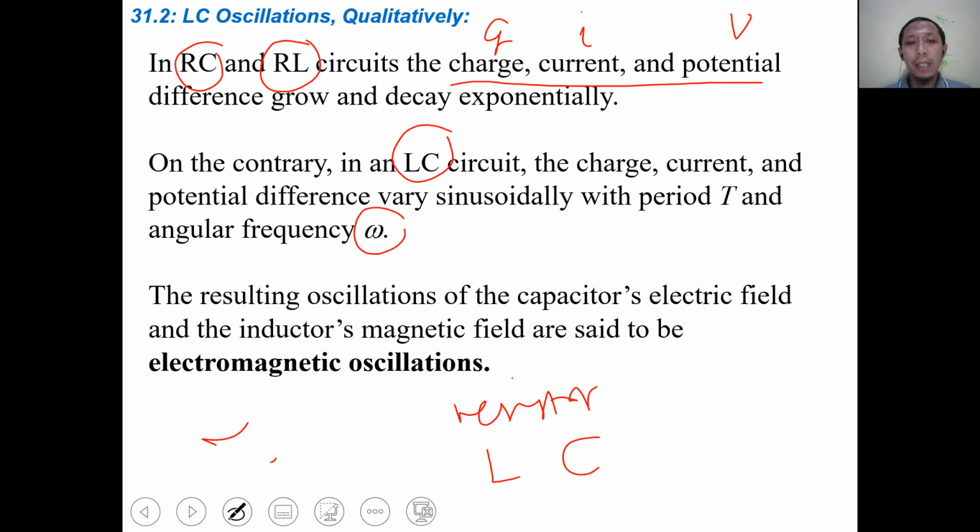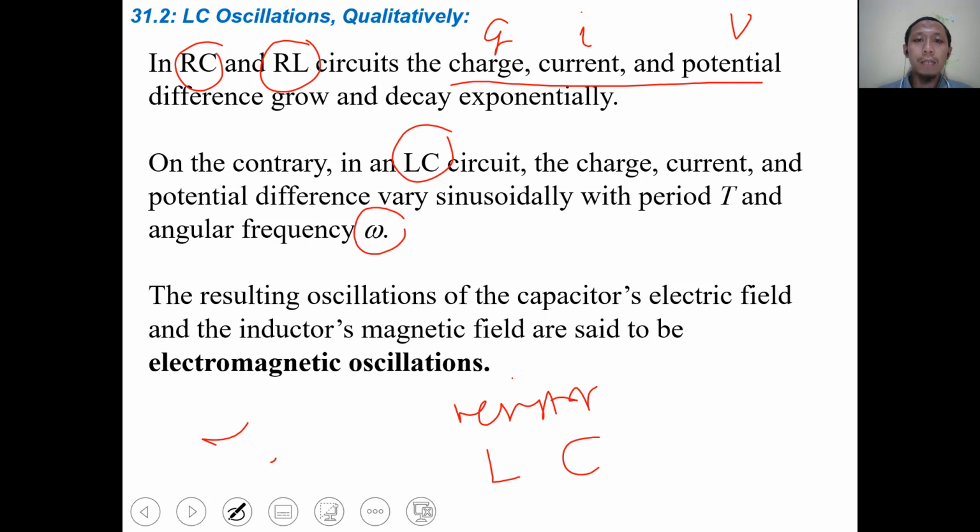But in LC circuits, the inductor and the capacitor can store charge. The inductor stores it in magnetic fields, and the capacitor stores it in electric fields.